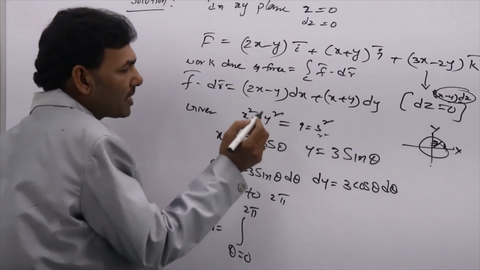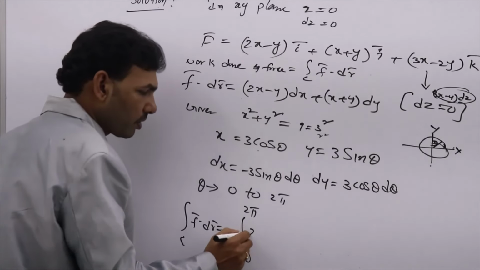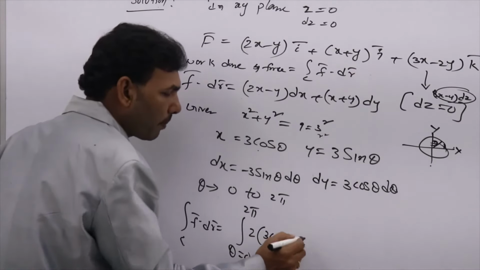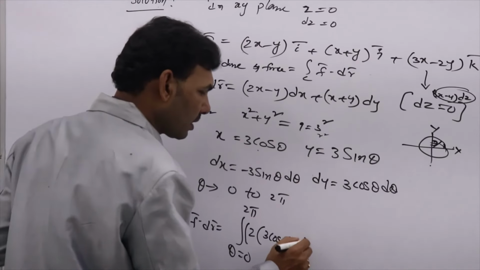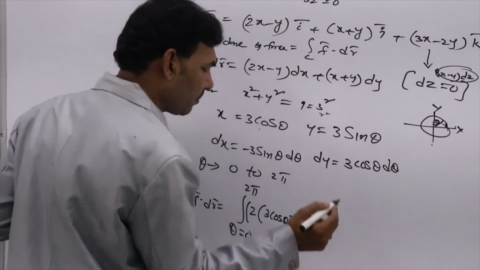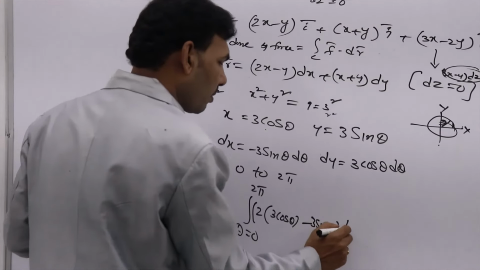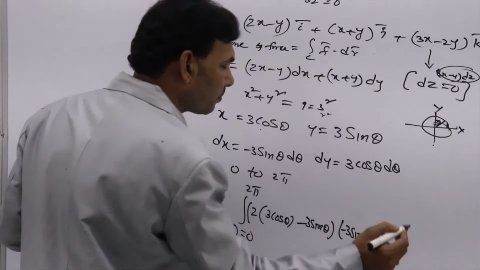In this, write in the place of x, 3 cos theta. So 2x minus y is 2 into 3 cos theta minus y, where y is 3 sin theta. Next, dx is minus 3 sin theta d theta.